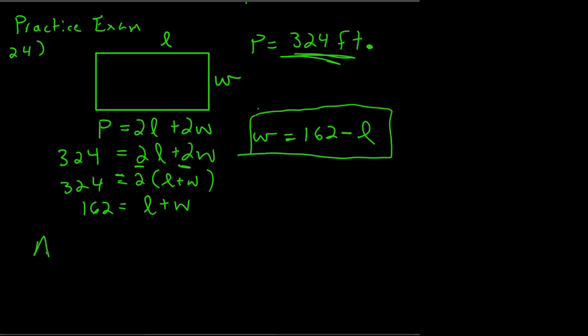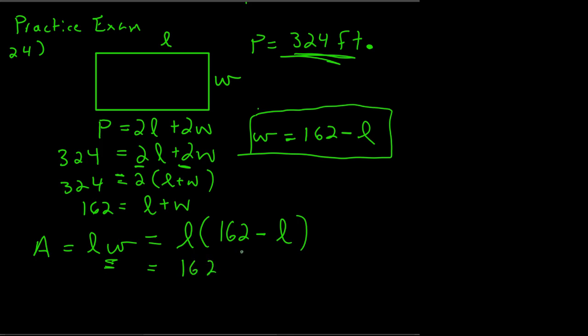Well, the area of a rectangle is L times W. So wherever we see W, we can replace it. So I have L times 162 minus L. I will factor the L through: 162L minus L squared.